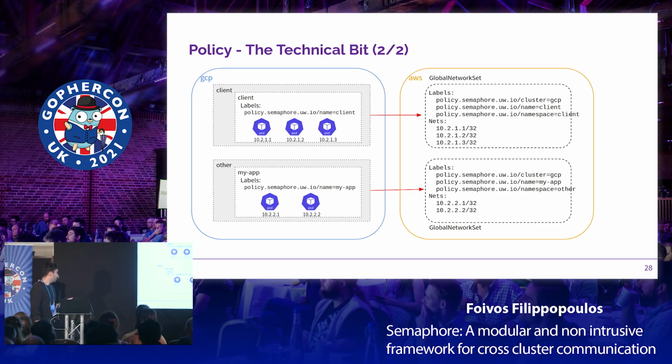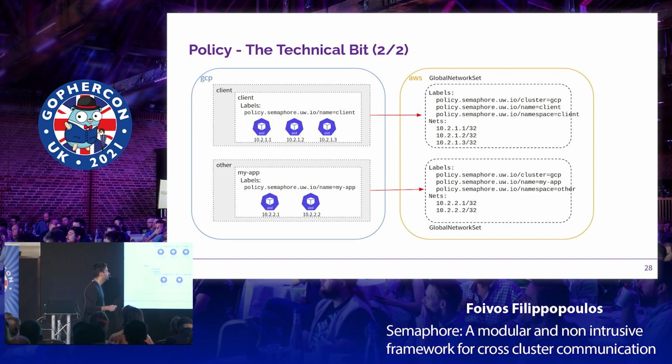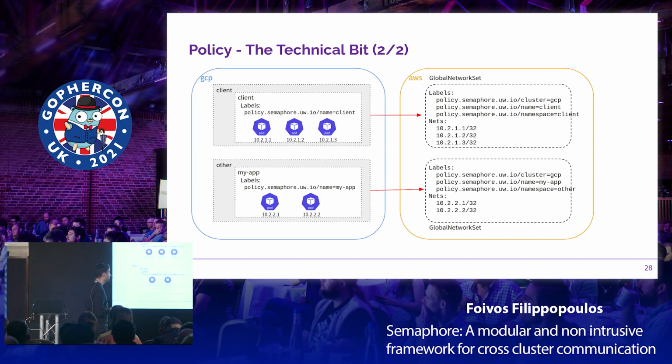So, for example, again, on the usual trivial use case, my client is going to be assigned a policy named client. This is going to trigger the policy operator on the other side to create this global network set. What this set contains are all the labels that are used to filter the traffic, and it is going to have 3 nets in this case.